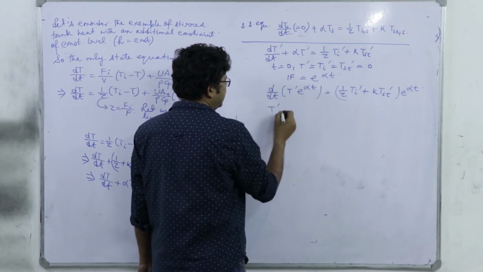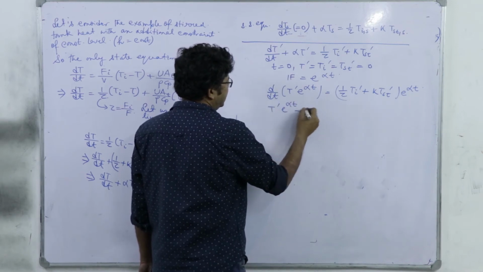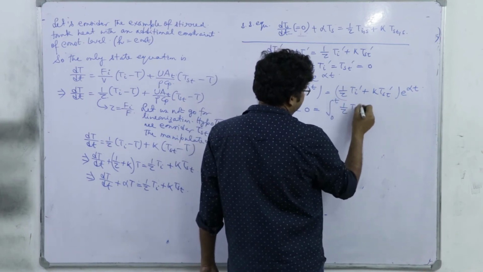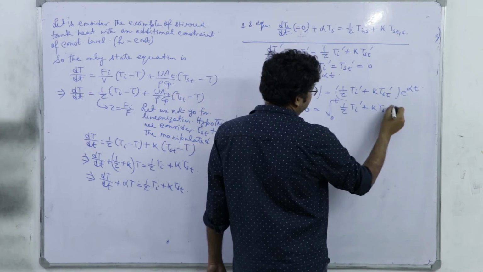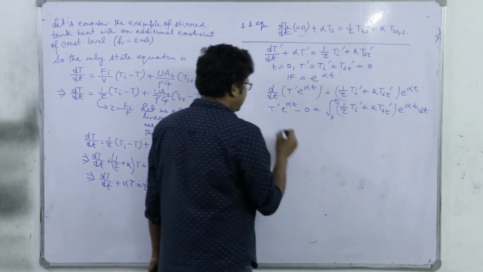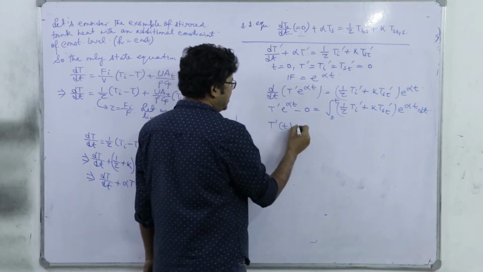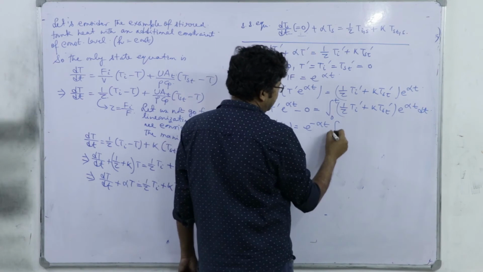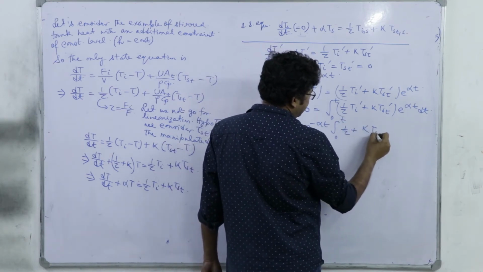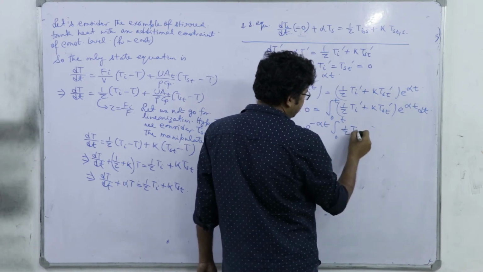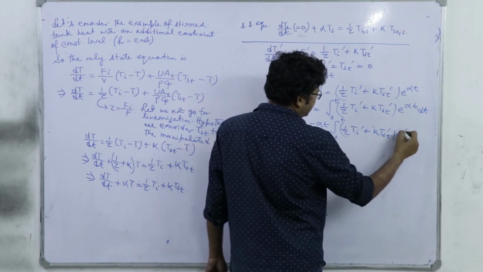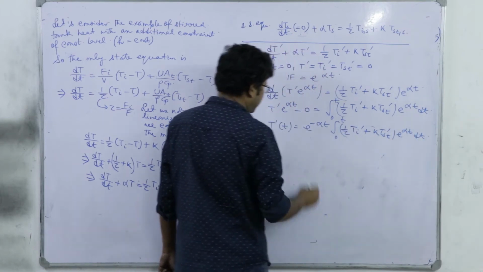So T' times e to the power alpha t minus 0 equals the integral from 0 to t of (1 by tau Ti' plus k Tst') e to the power alpha t dt. And essentially T'(t) becomes e to the power minus alpha t times the integral from 0 to t of (1 by tau Ti' plus k Tst') e to the power alpha t dt. So that's my input output model.